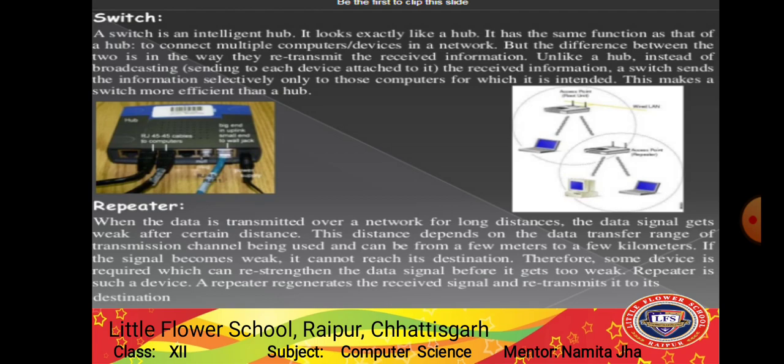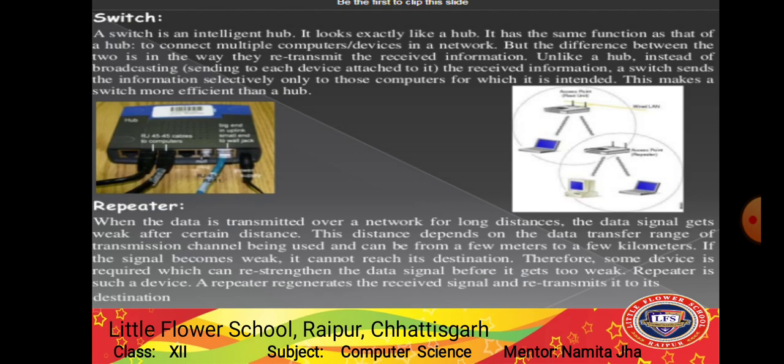Clear? Now, repeater. When the data is transmitted over a network for long distances, the data signal gets weak after certain distances. This distance depends on the data transfer range of the transmission channel being used and can be from a few meters to a few kilometers.